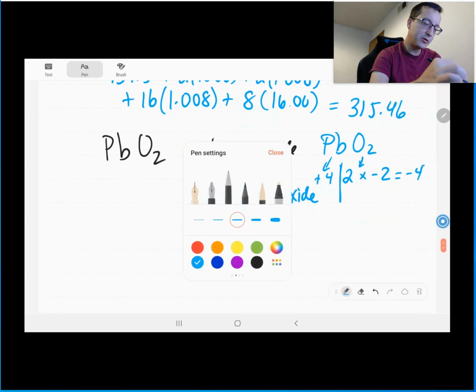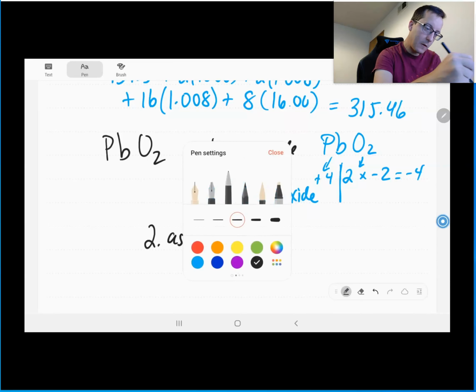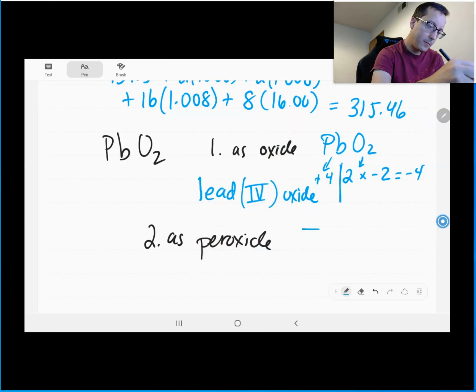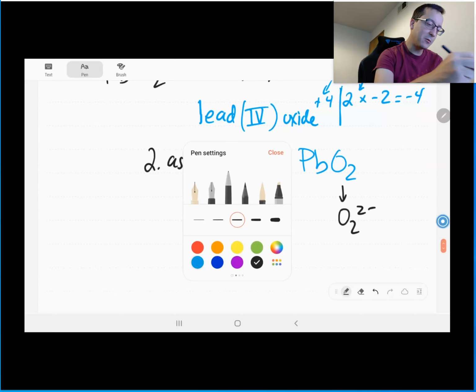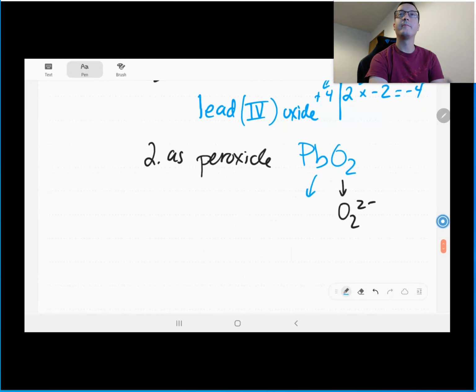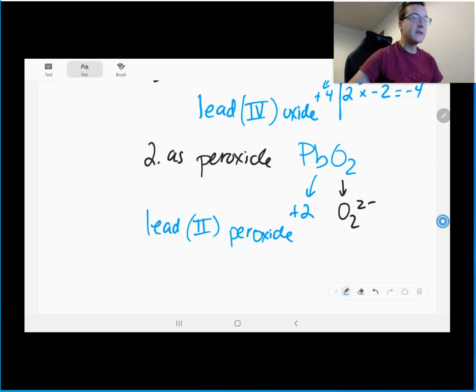However, if we treat the O2 as peroxide, we remember that if we are pretending that this guy is O2 2-, then that means lead has to be what charge? 2, exactly. And so as a result, we get lead 2 peroxide. So that's why there's going to be 2 names there.